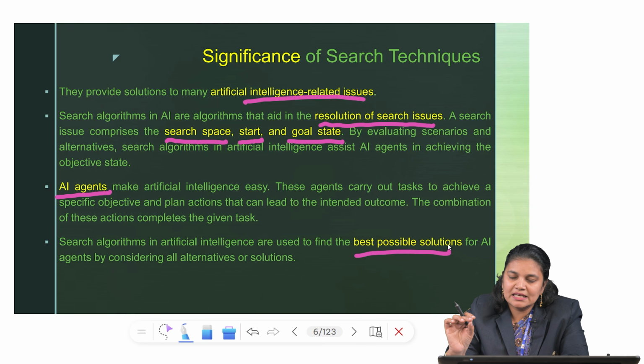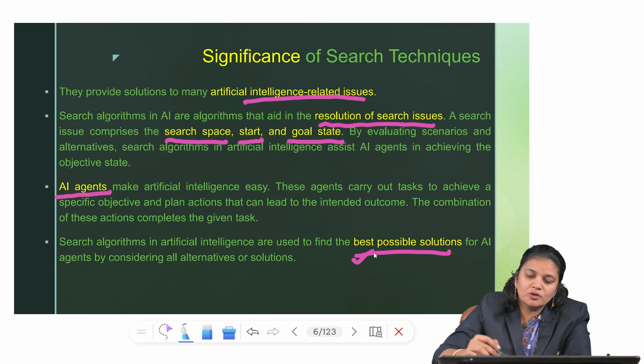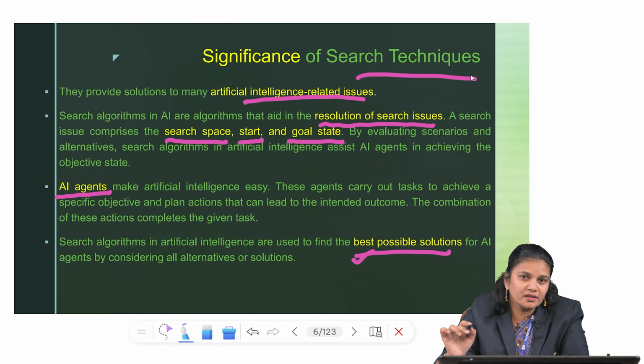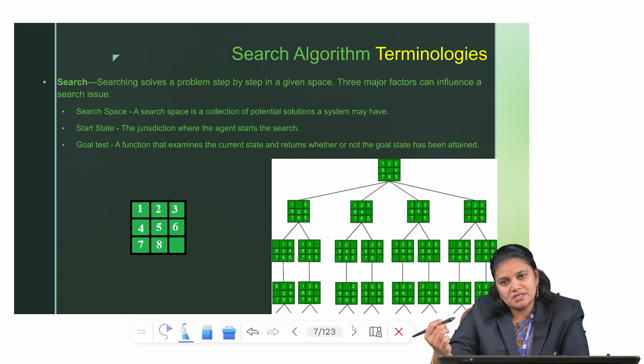And the final thing is that it will help us in solving problems and finding the best possible solution. Even though there is a solution, there will be more than one solution, and we should be capable of finding the best solution. That best solution will also be supported by means of search techniques. These are various significances of using search techniques.